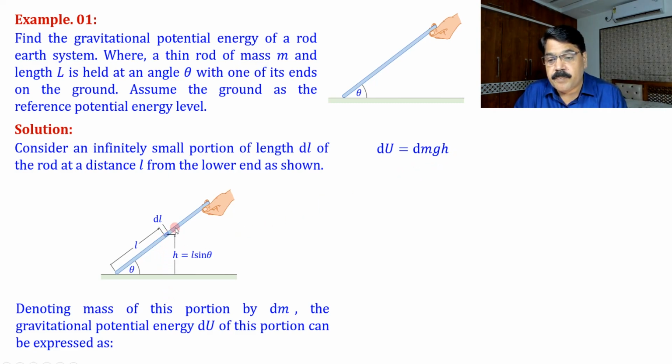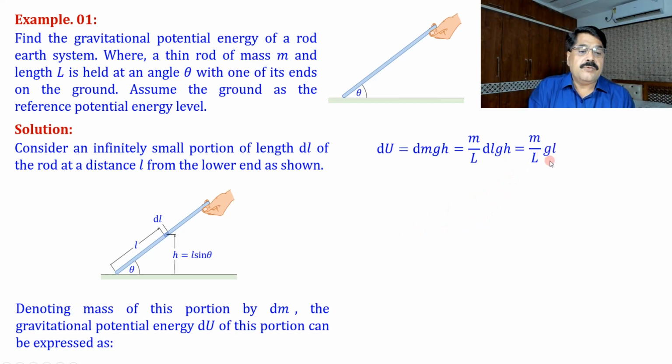Now we take all such particles and write their potential energy. Before we proceed for dm, what can you write here? m by L, mass per length, into dl, that is dm. So dU is m by L g l sin theta dl, where we can substitute for h, which is l sin theta.